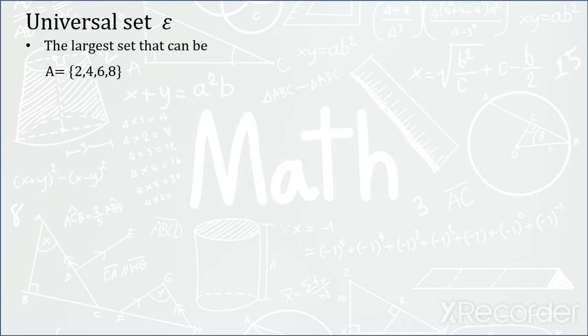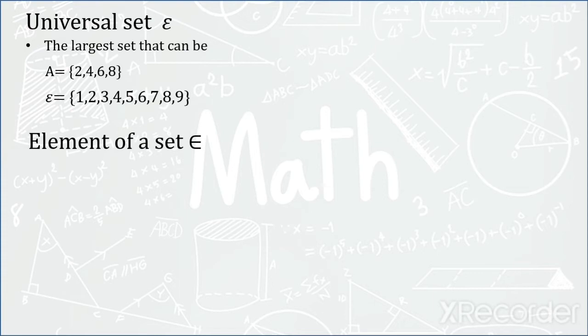So including A, we can write the universal set as 1, 2, 3, 4, 5, 6, 7, 8, 9. As you can see, the set A is taken from this universal set. So the universal set is the largest set that can be here.